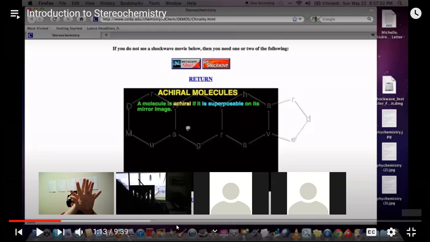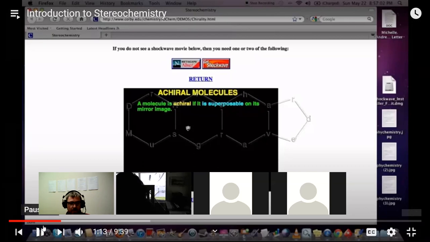When you try and lay one on top of the other, your thumb lines up with your little finger, etc. So your hands are actually mirror images of each other. They're chiral. And the same thing can apply to molecules as well, as you'll see in a second.